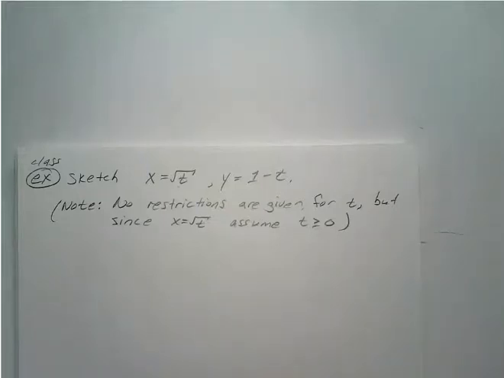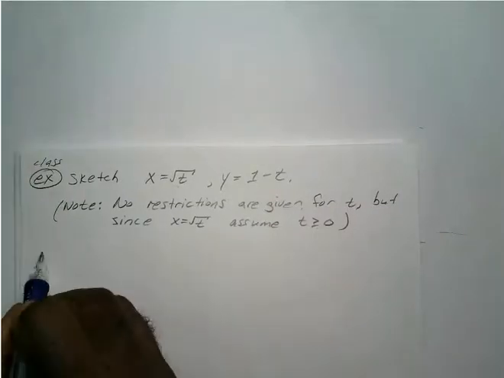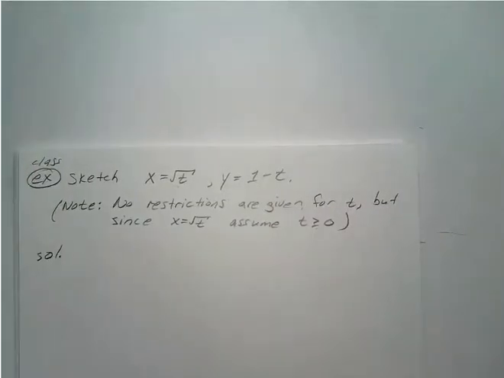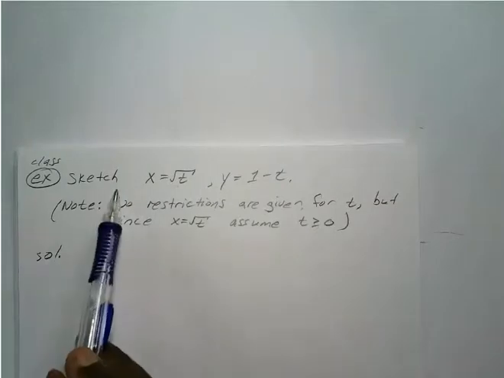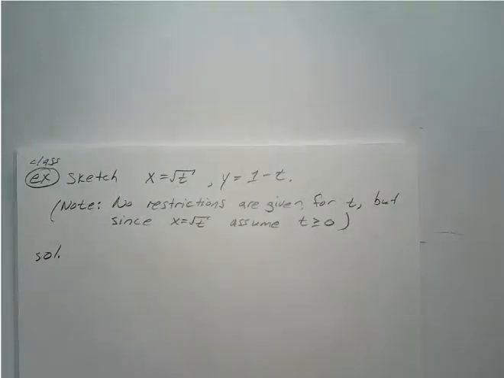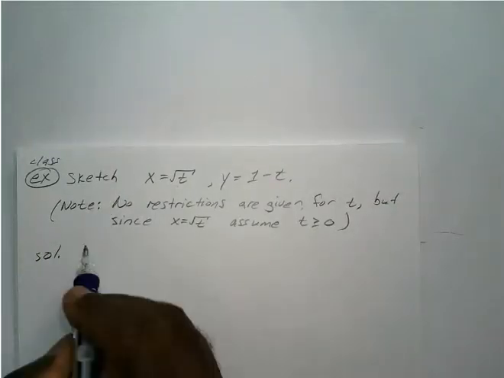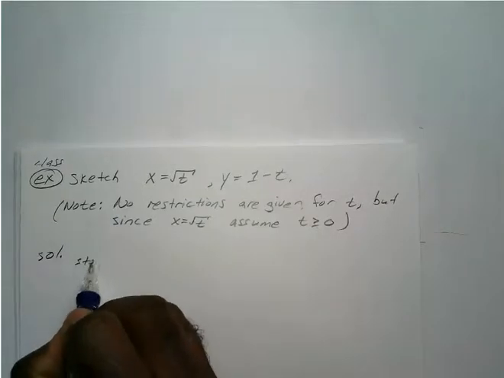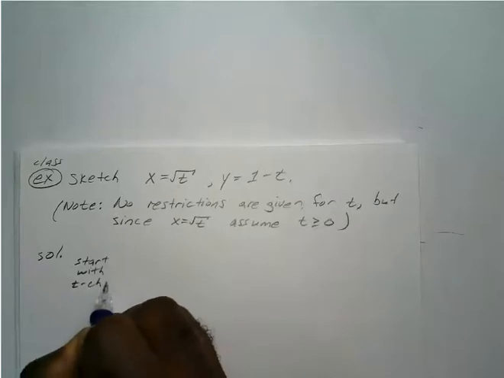Okay, so go ahead and press pause and do this one. All right, so assuming you pressed pause and you worked this one out already, go ahead and verify your answer. Okay, so again, when you're going to sketch a parametric curve, of course you start with your t-chart.